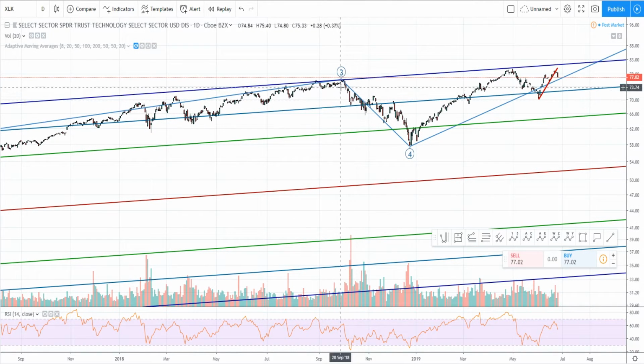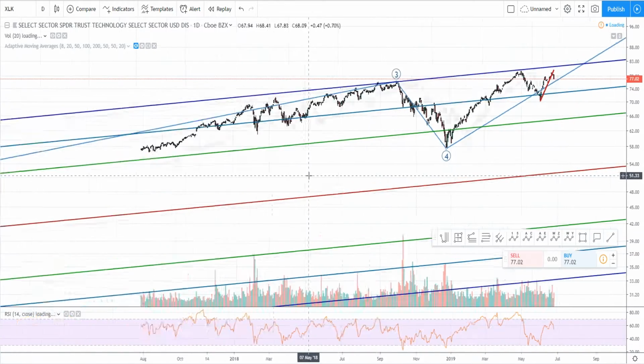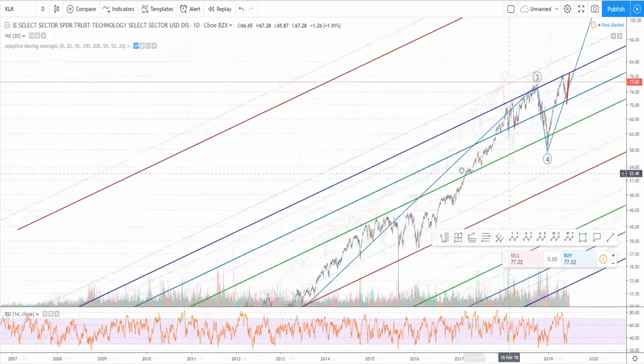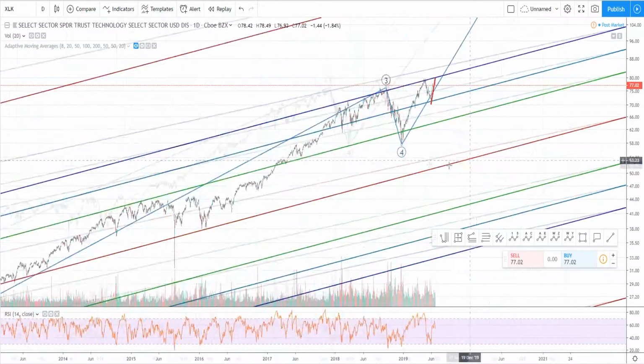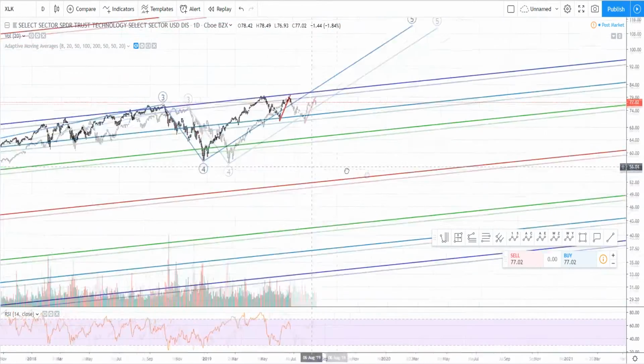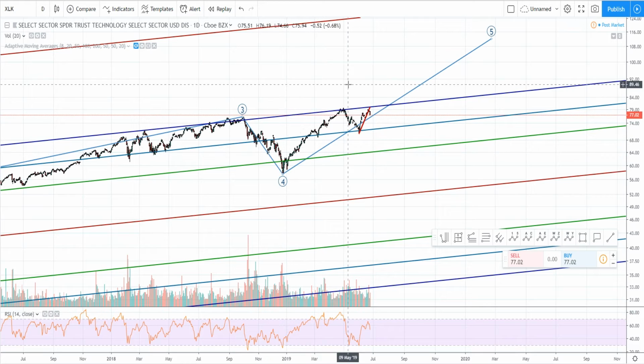This was the correction that started in October till the end of December. So yeah, that's what I have as wave 4, and since then we rallied quite a bit, and we corrected.